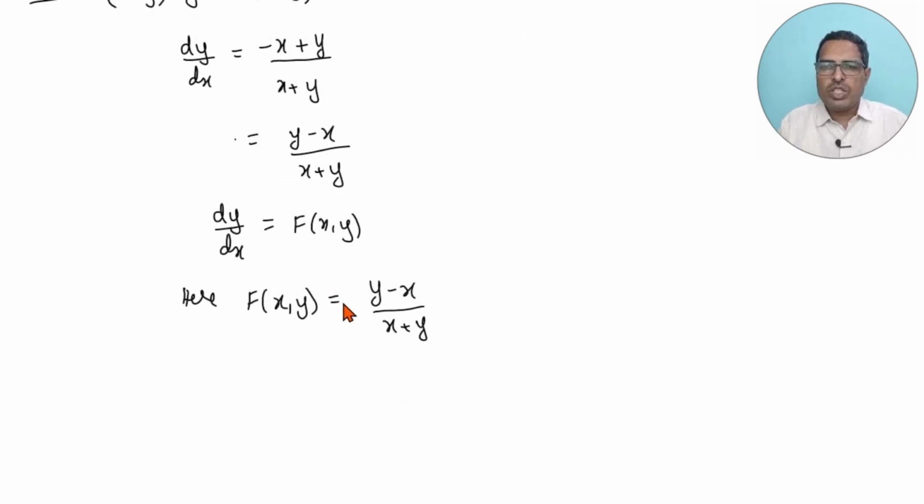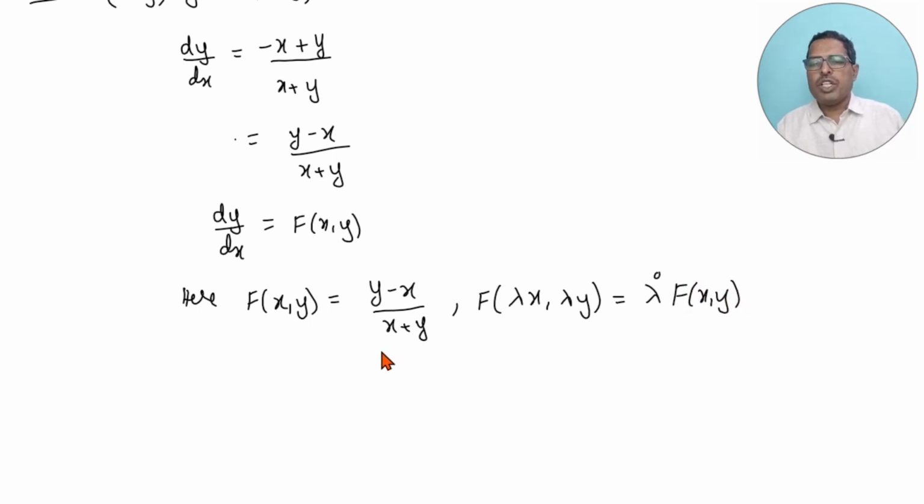Now to show that this given function is a homogeneous function, we have to replace x by lambda x and y by lambda y, and if we get lambda power 0 into f of x comma y, then we say that f of x comma y is a homogeneous function of degree 0, since the lambda power is 0.